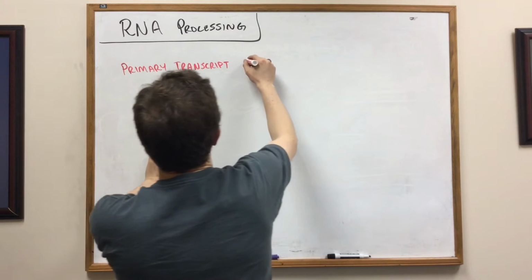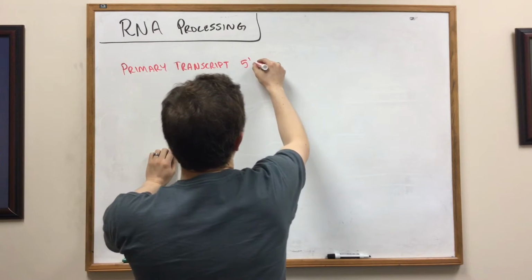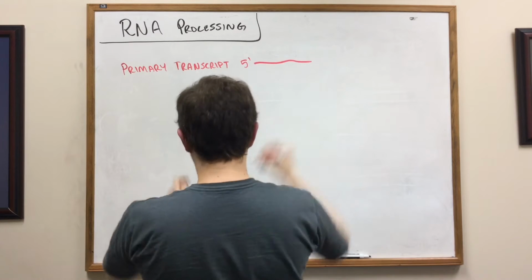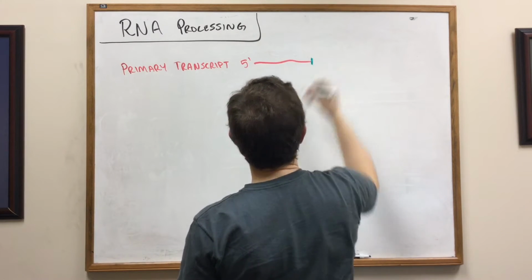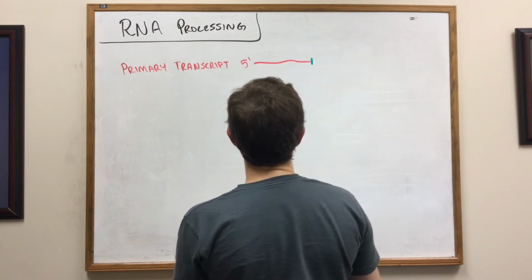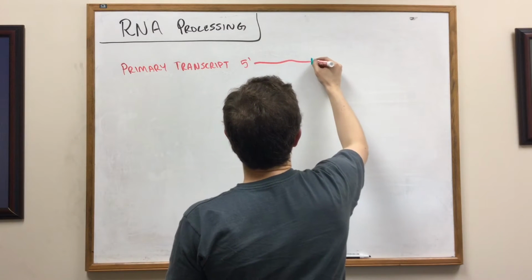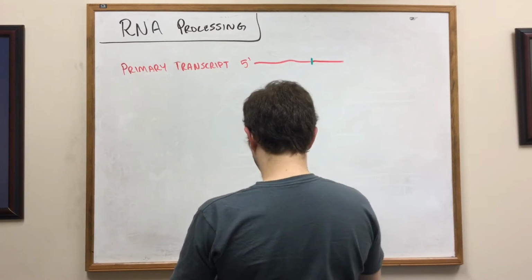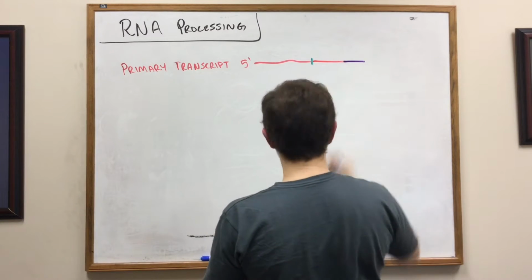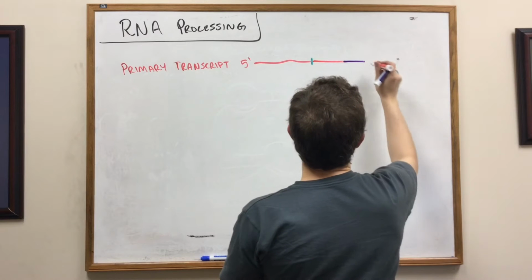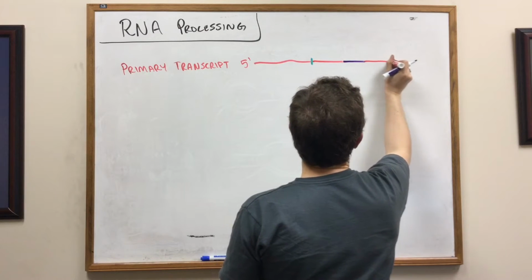So it's going to have a 5' end. And then we're going to have several different things here. We're going to have a start codon somewhere in here. I'll draw in green. And then we're also going to have these various regions which we either call exons or introns. I'm going to draw the introns as purple, the exons as red.